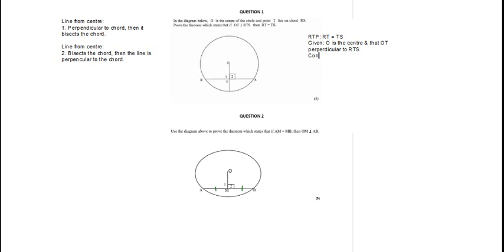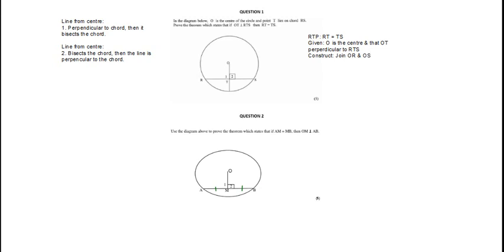We're going to construct the radii by joining OR and OS.